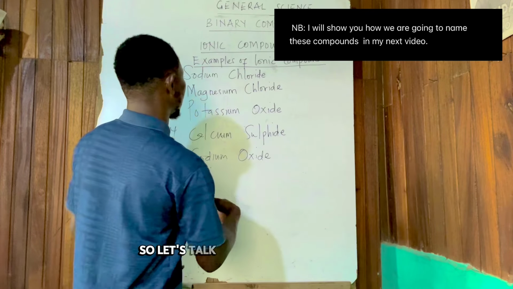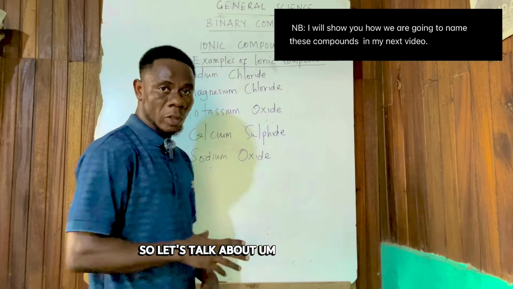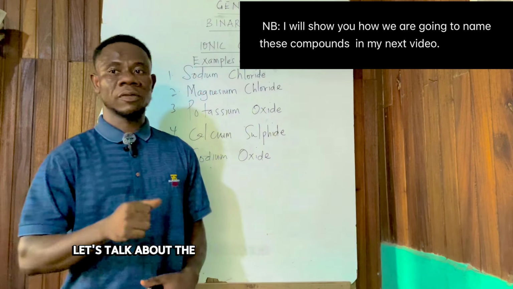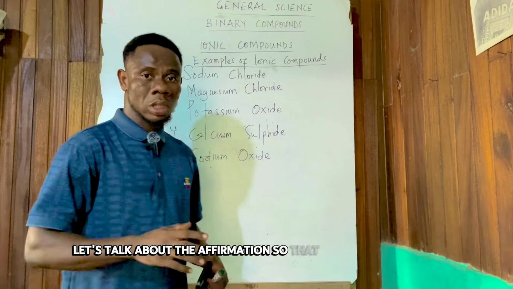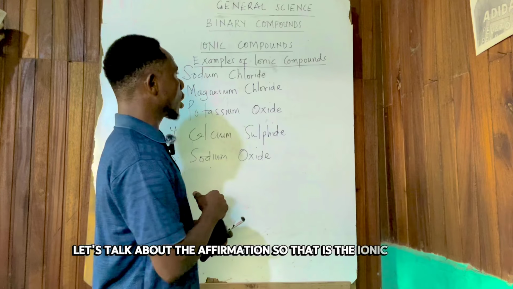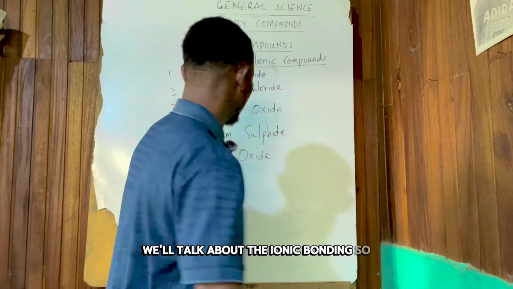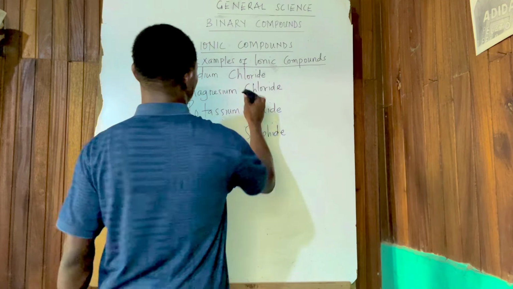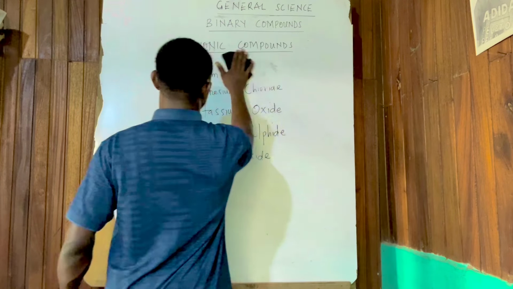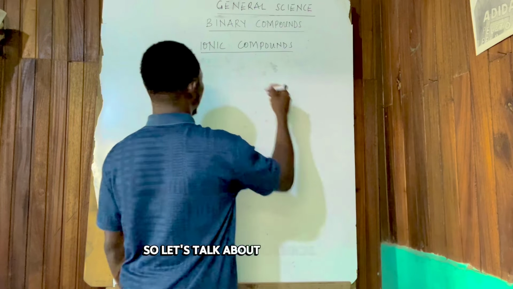So let's talk about their formation. That is the ionic bonding. We will talk about their ionic bonding. So let's talk about chemical bonding.